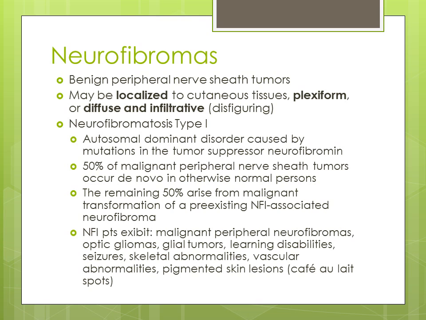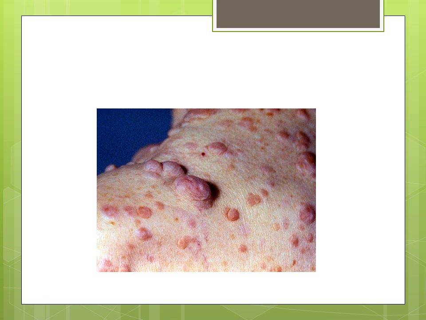Just Google neurofibromas in the images world, and you will see a lot of very interesting pictures. The first one that I have to show is just the cutaneous neurofibromas, and this is somebody who has neurofibromatosis where their body is just covered in these neurofibromas.